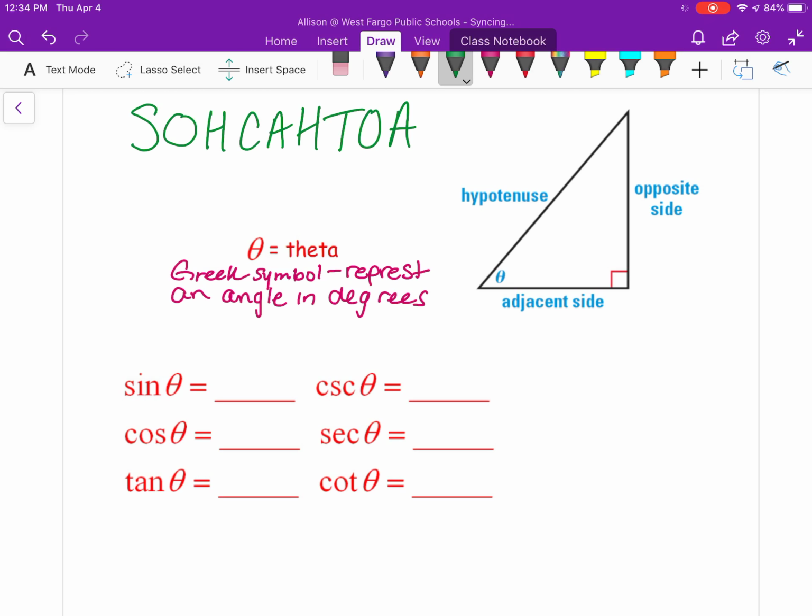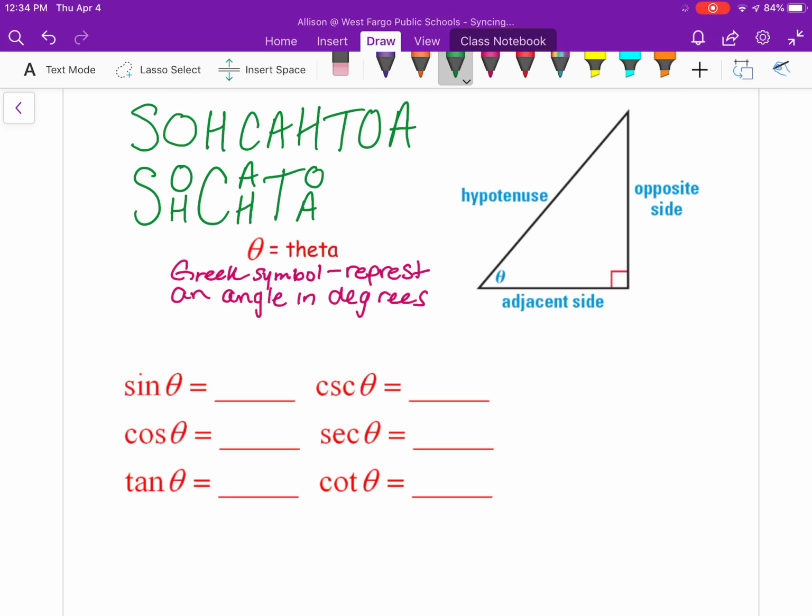Sine is opposite over hypotenuse. That's where the SOH comes from. Sometimes you see it written like this, opposite over hypotenuse. Cosine is adjacent over hypotenuse, sometimes written like that. And tangent is opposite over adjacent. So those are our trigonometric ratios of side lengths for our theta.